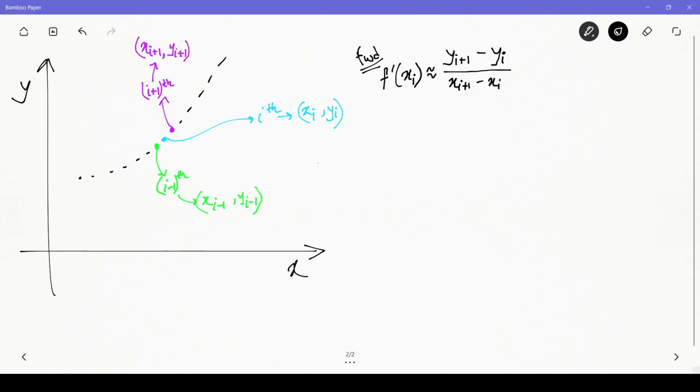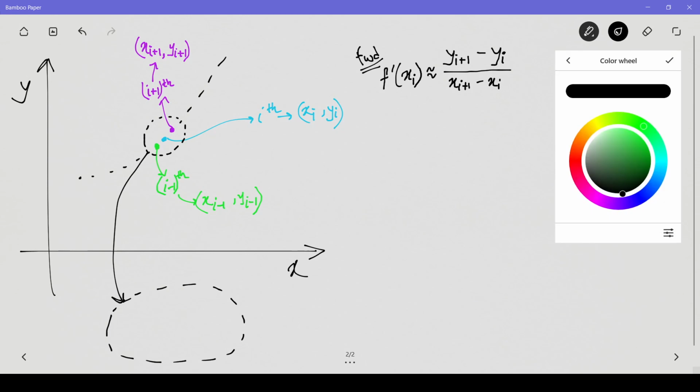So to aid your understanding, let me zoom in on this part of the graph a bit more. Let's say it looks something like whatever I'm going to draw inside this.